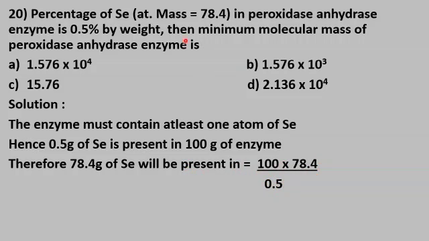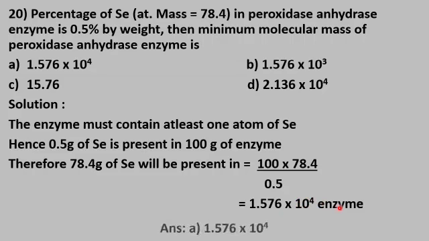That means 100 gram of enzyme has 0.5 gram of selenium, and 78.4 gram of selenium is contained in how much enzyme. Cross multiplication, you will get this equation. Solve this equation, you will get an answer of 1.576 into 10 raised to 4. Therefore, the correct answer is option A, 1.576 into 10 raised to 4.